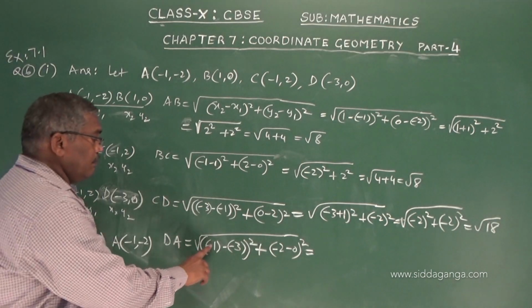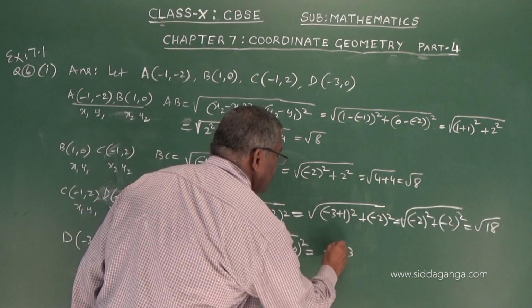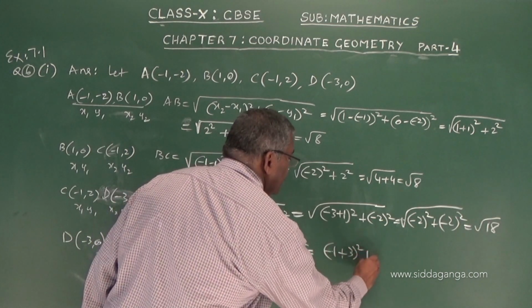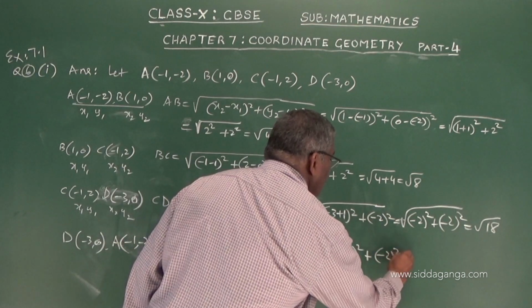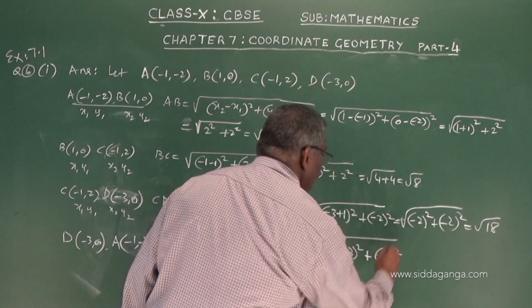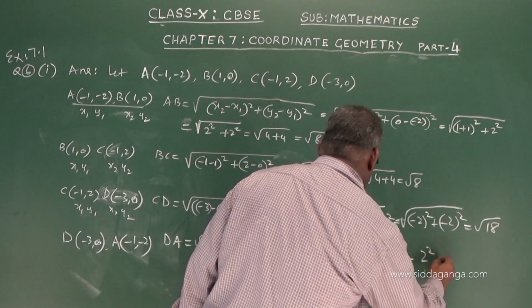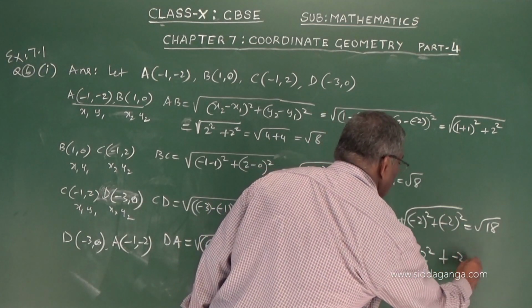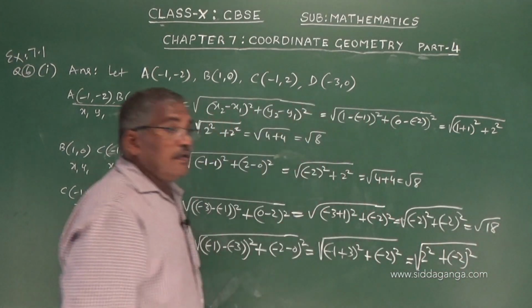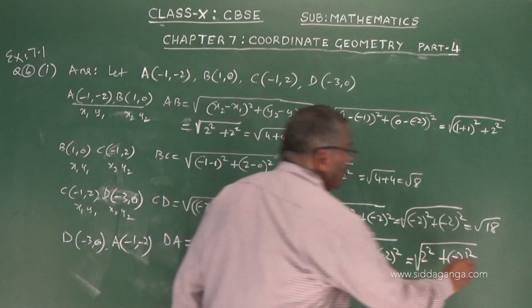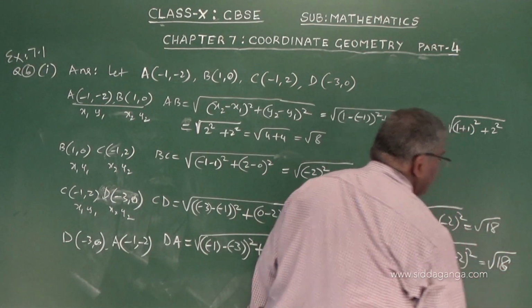So this is minus 1 plus 3, whole square, plus minus 2 whole square. This equals 2 square plus minus 2 whole square. So again you get root 8.